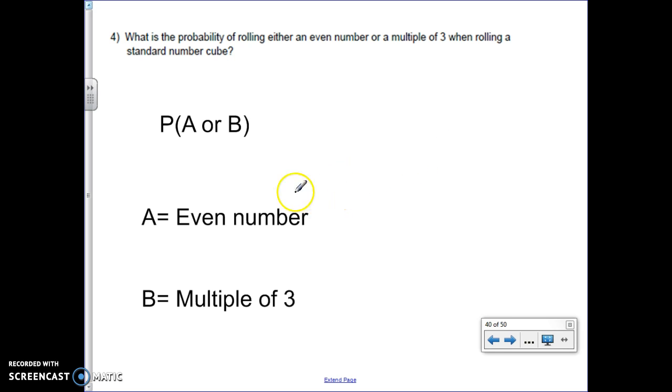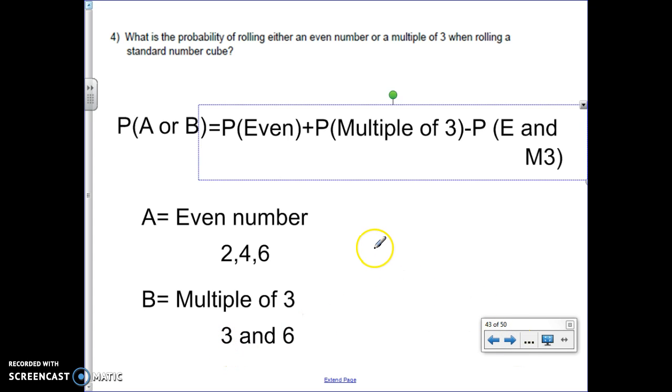There are two events happening: an even number, and a multiple of 3. For even, the possible outcomes would be 2, 4, and 6. For a multiple of 3, that's 3 and 6. So I'm trying to find the probability that it's even, the probability of multiples of 3, and the probability that it's even and a multiple of 3.